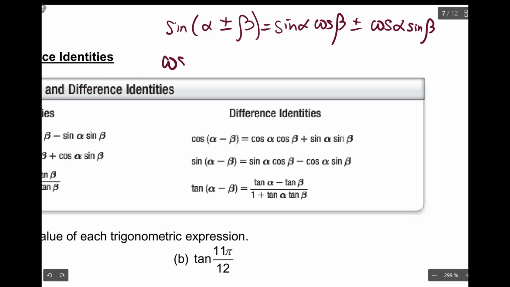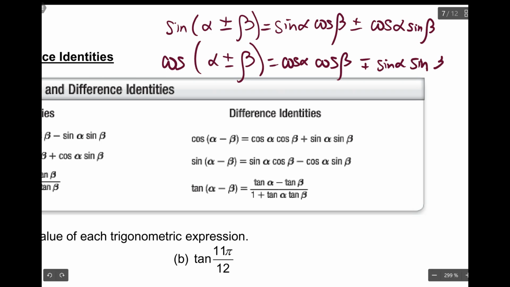And then you also have cosine of alpha plus or minus beta. This is equal to cosine alpha cosine beta minus or plus sine alpha sine beta. So notice I wrote it in a different order. This means that if I have cosine of alpha plus beta, it corresponds to cosine alpha cosine beta minus sine alpha sine beta.